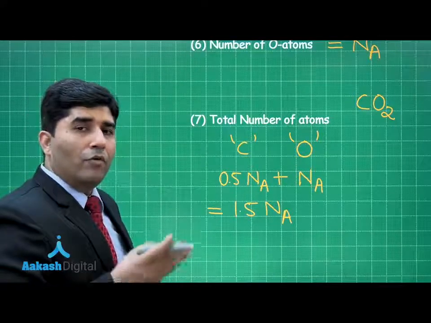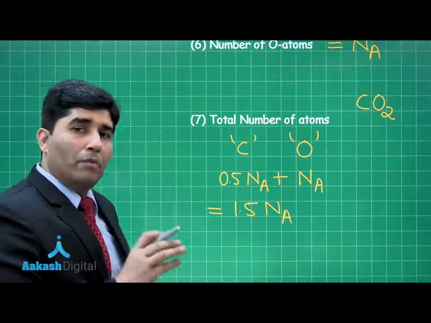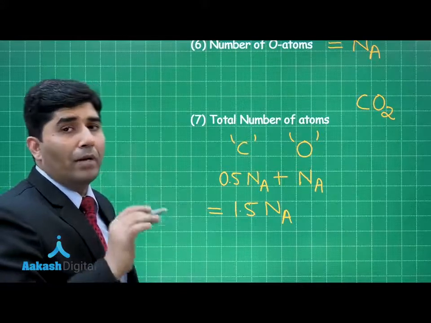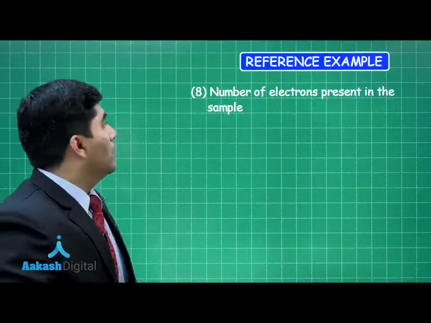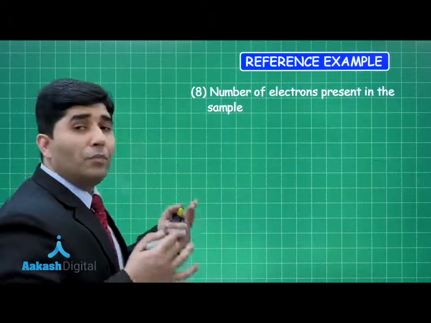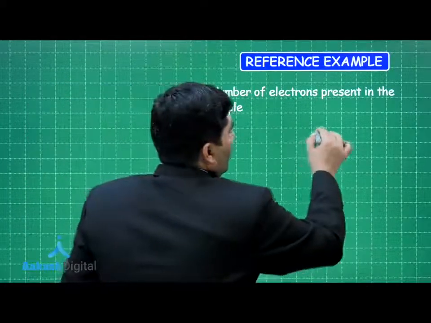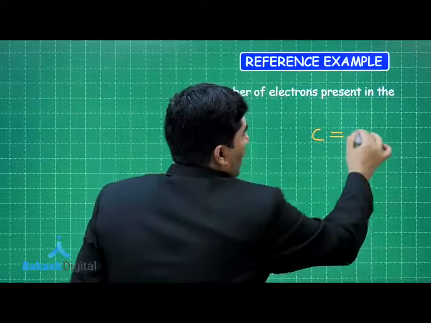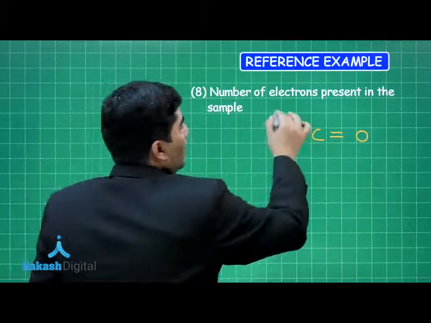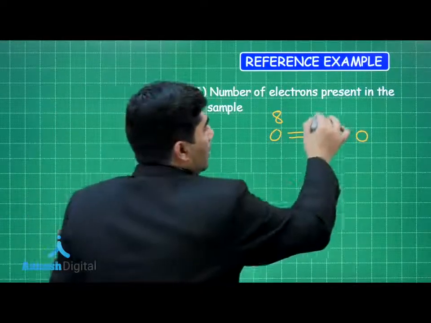So what we did, we found the number of moles of CO2, we found the number of moles of carbon, we found the number of moles of oxygen, as well as we found the number of atoms of carbon and oxygen. What else? In the next question, he is asking, find the number of electrons present in the sample. Now, we have carbon and 2 oxygen atoms, and we know that the number of electrons in oxygen is 8.